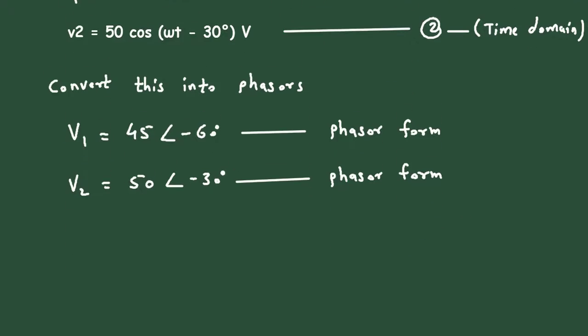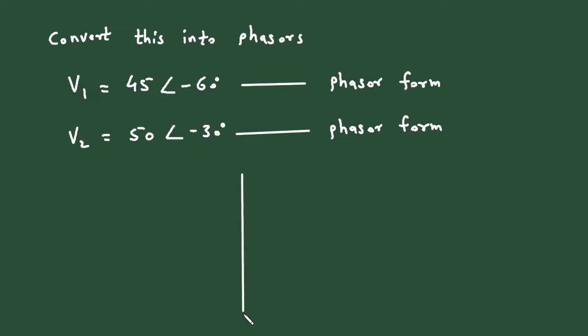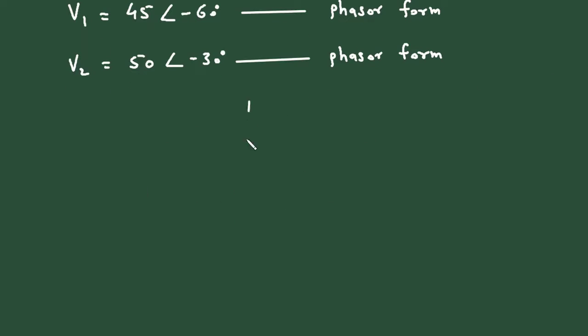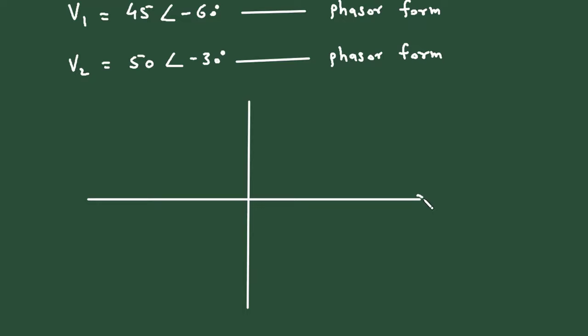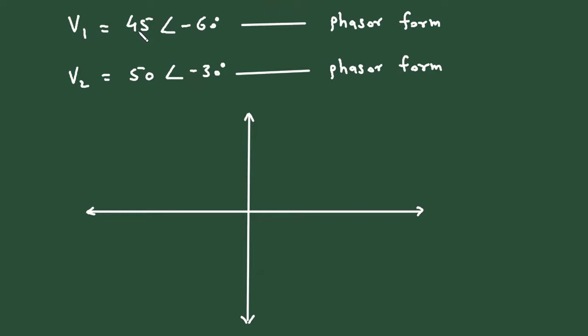So we can easily draw the graph for this now. So let's draw it. Here we can see for V1 the amplitude is 45 volts and the angle is minus 60 degree, so it will be somewhere here.